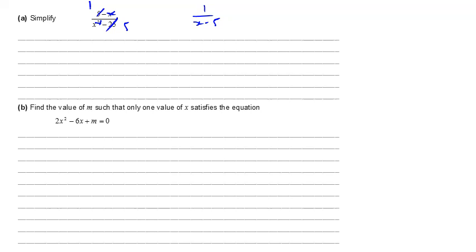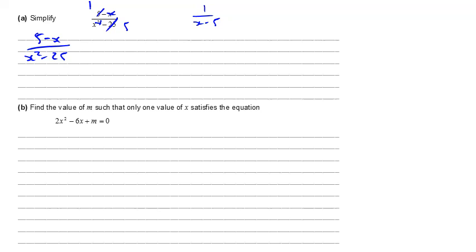Please don't do that. Because you're so very close to being right, but you've got there the wrong way. 5 minus x over x squared minus 25.